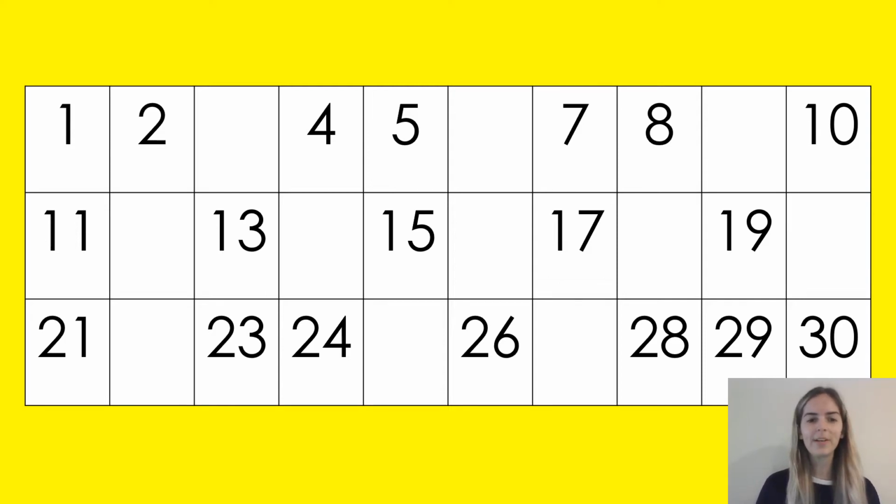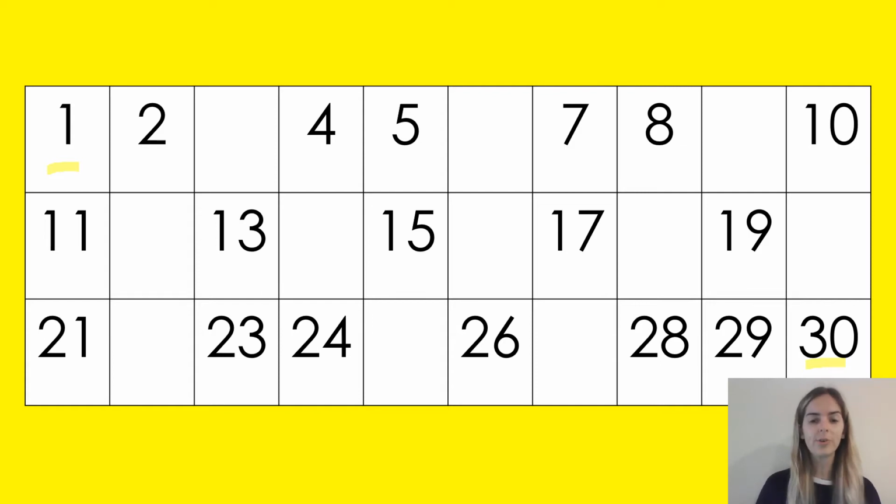Now, what we're going to look at today is filling in all of the numbers that are missing. Now, as you can see here, my first one is 1, and it goes all the way up to 30. However, there are a few numbers missing. So what I would like you to do is pause the video, and on a piece of paper or on your whiteboard, I want you to write all of the numbers from 1 to 30.